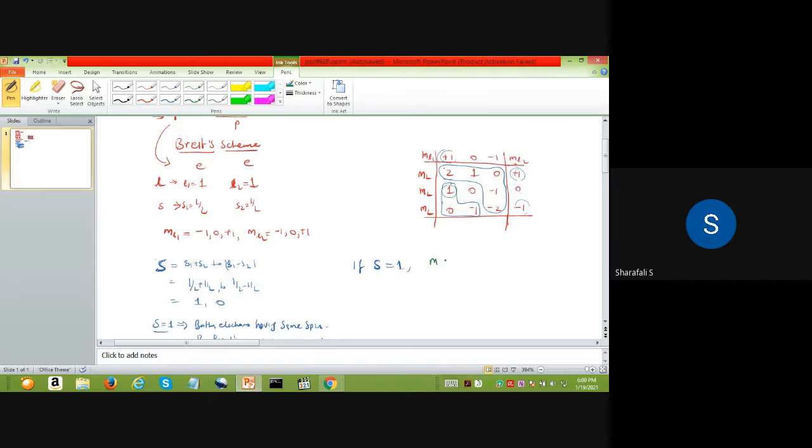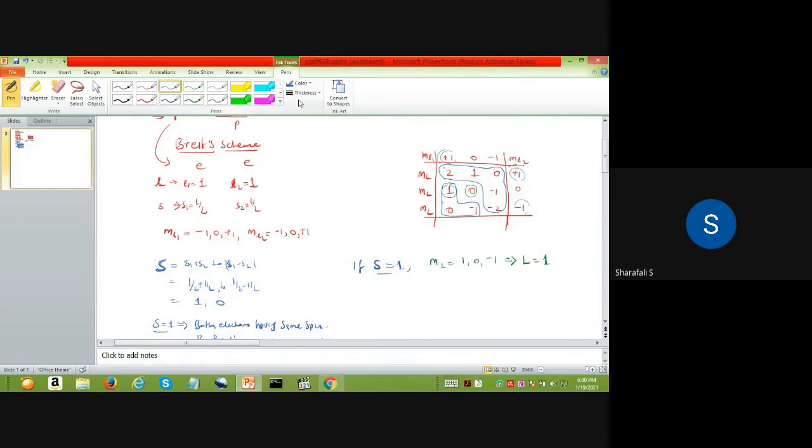So ML values equal to 1, 0, -1 is allowed, which implies capital L equal to 1, corresponding ML will be 1, 0, -1. Now if you consider this value 0, that 0 also has the same ML1 and ML2, so that is not allowed under this condition.